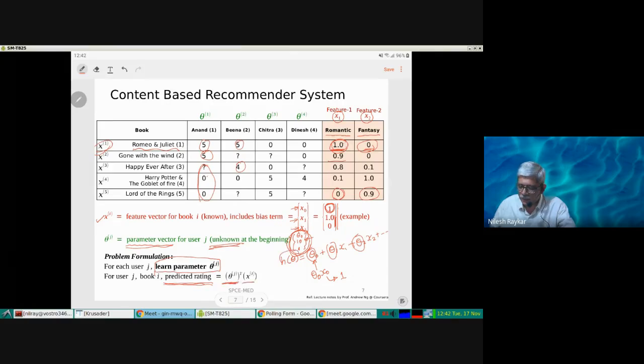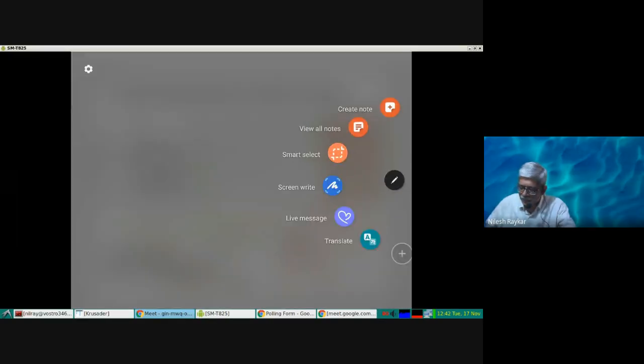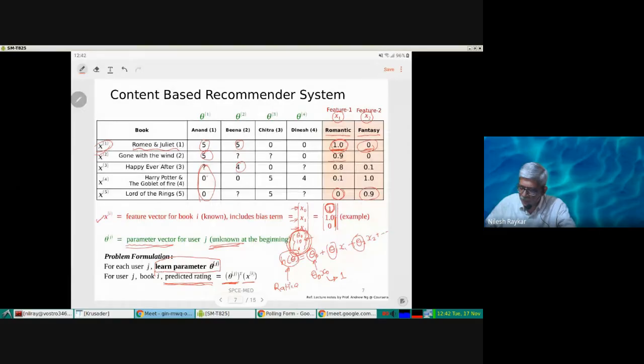So this hypothesis function is nothing but the rating which is given by a user. The rating consists of the products of individual features and the user preference for that feature. For example, theta 1 is the user preference for the first feature and x1 is the first feature's value, and so on, theta 2 and x2, and so on.